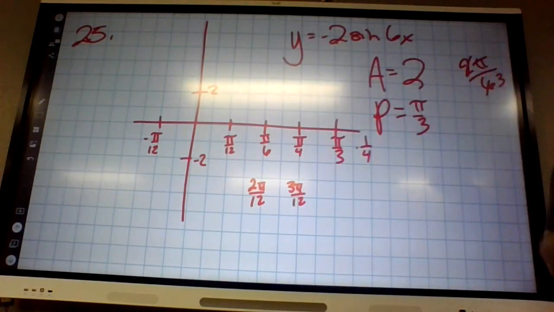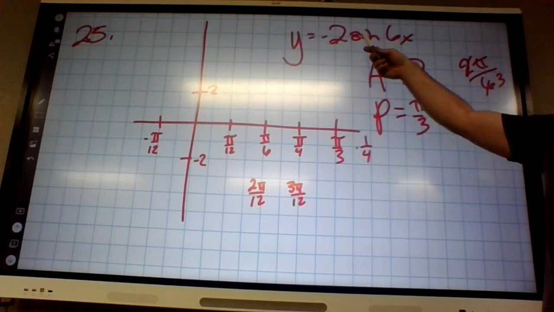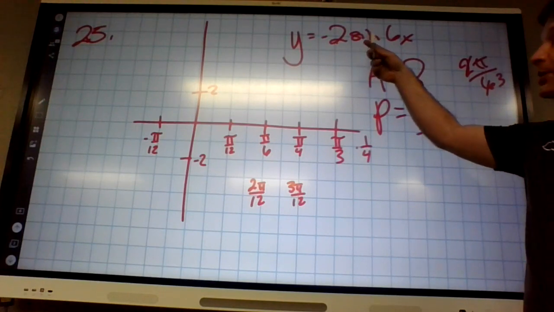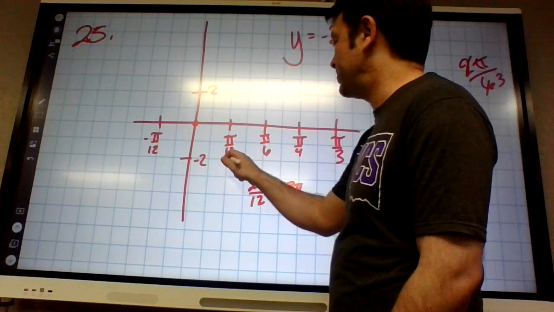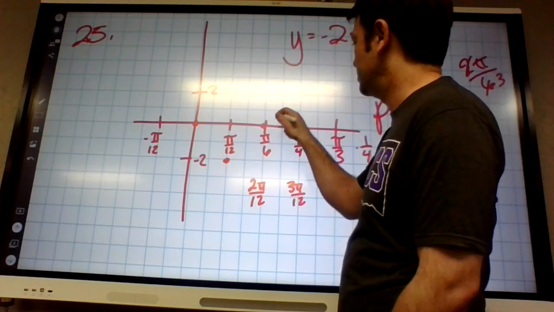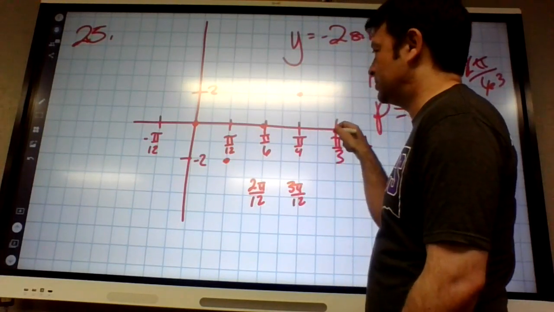Kind of missed something. Did you notice? Okay, this is a negative sine. So where am I starting and where am I heading? Go down. 0, 0 going down. So bottom, middle, top, middle.